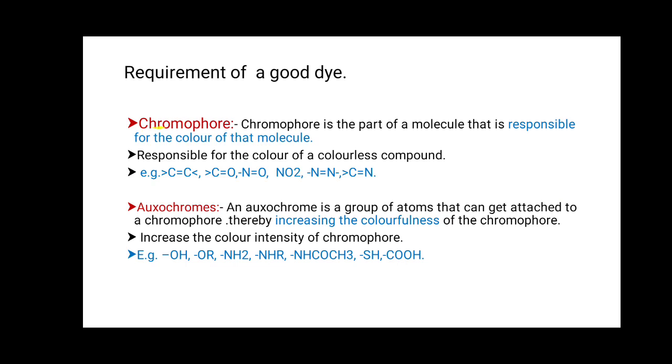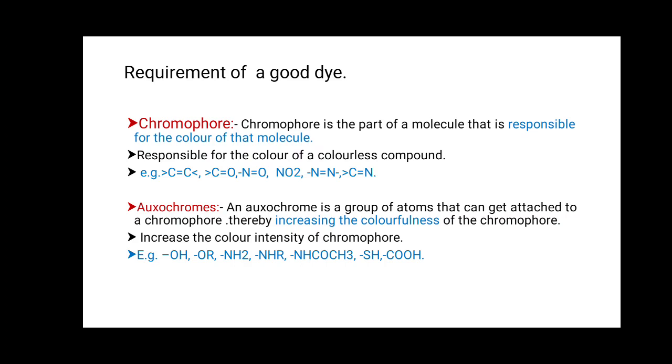A chromophore is the part of a molecule that is responsible for the color of a colorless compound. Examples of chromophores are the azo group, thio group, nitroso, azomethane, carbonyl group, and ethynyl group.